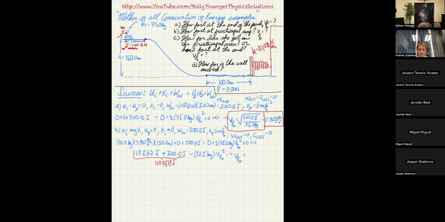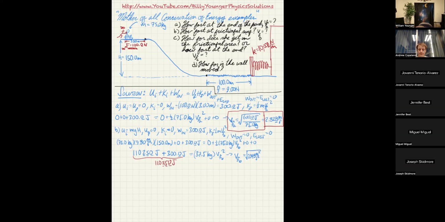And that gives me 2948. So now all I've got to do is take the square root of 2948, and that's in meters squared per second squared.